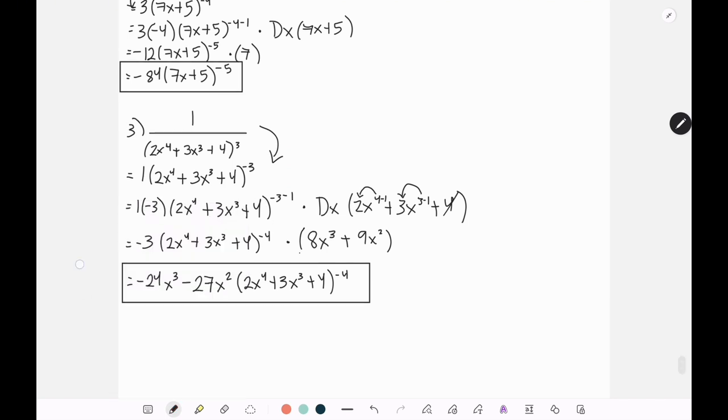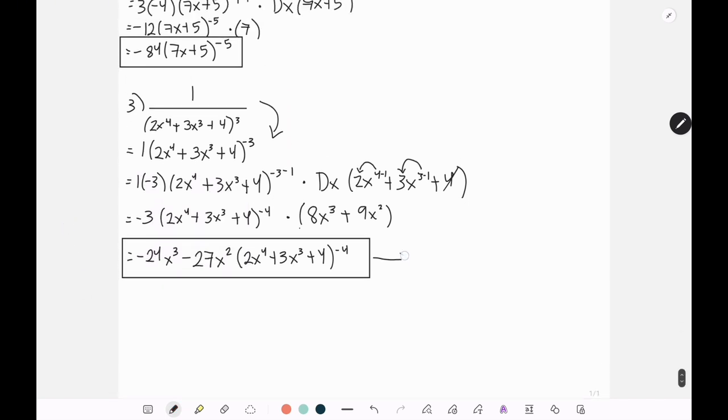So, we will turn it. So, remember, so itong nasa labas ng ating parentheses, that will be our numerator. Okay?